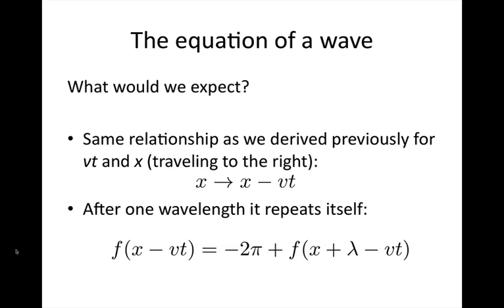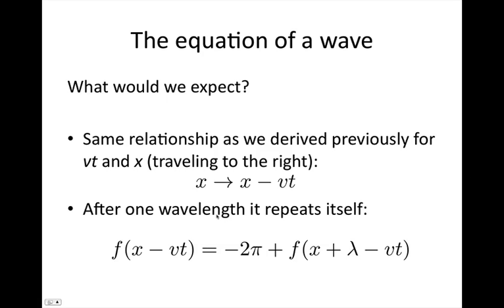So what we're going to do now is derive an equation to describe the wave. Let's think about what we would expect for this wave equation. First of all, we'd expect the same relationship as we derived previously for vt and x, so that if it's travelling to the right, then x becomes x minus vt.